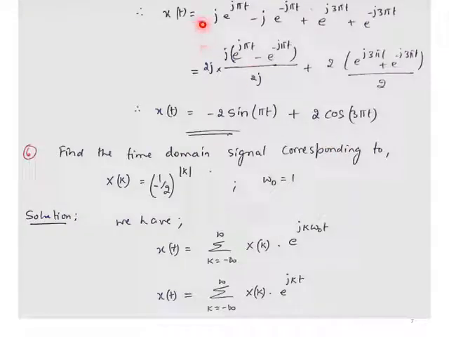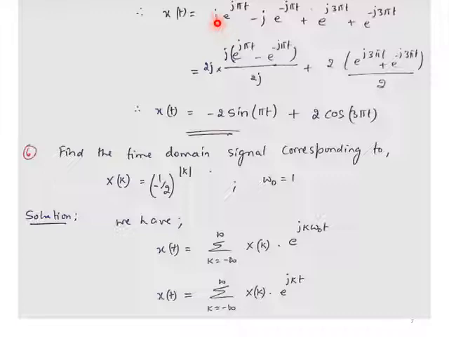How can we substitute? x of t is equal to summation, we said k equal to minus infinity to infinity, but we said the k values lie at minus 3, minus 1, 1 and 3. So taking those values as per the given problem statement, it is j into delta k minus 1 minus j into delta k plus 1.